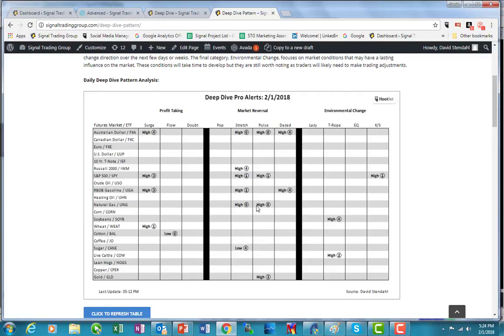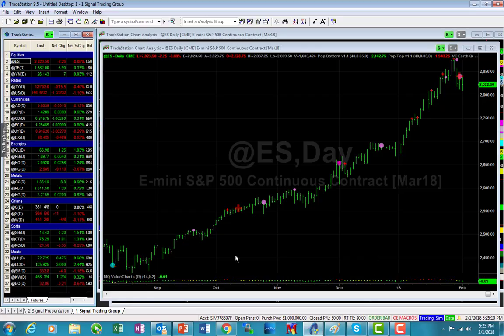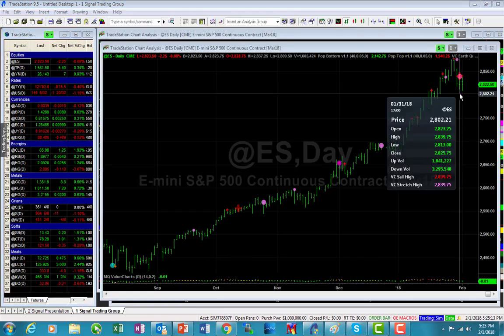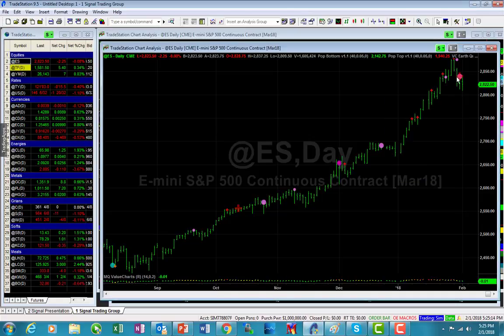Now the S&P in particular, more so than the Russell, we've had an instance where the market has just been exceptionally strong. So when you take a look at that particular market, I'm going to show you a couple of instances. It's hard to see it, but it's underneath this cross here.